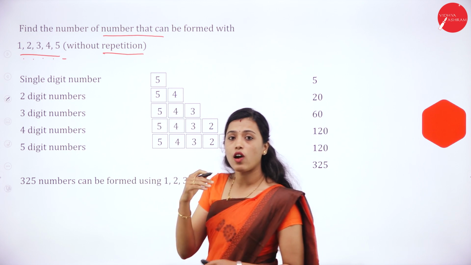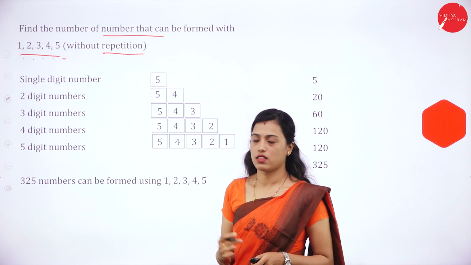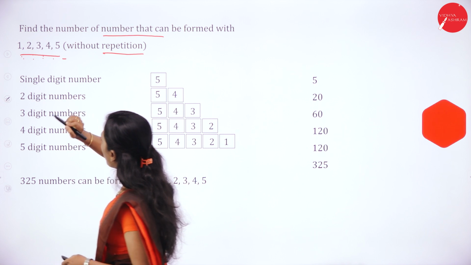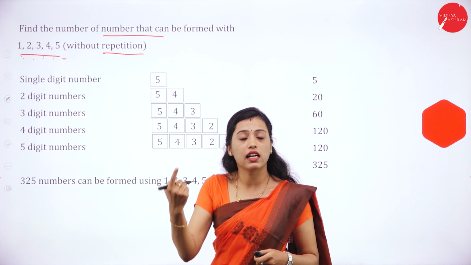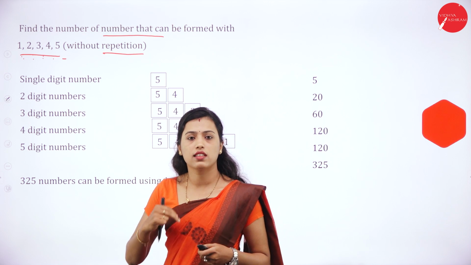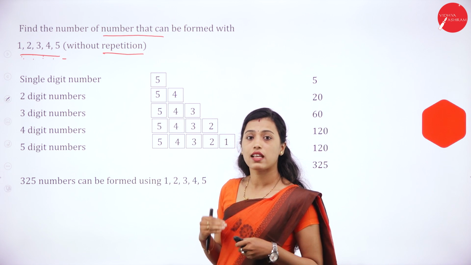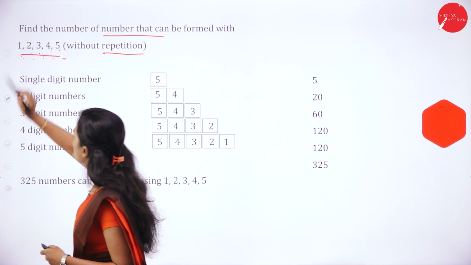We have to arrange these numbers without repetitions. Okay, so here 5 numbers are there. We can arrange single digit numbers, 2 digit numbers, 3 digit numbers, 4 digit numbers and 5 digit numbers because we have 5 numbers.